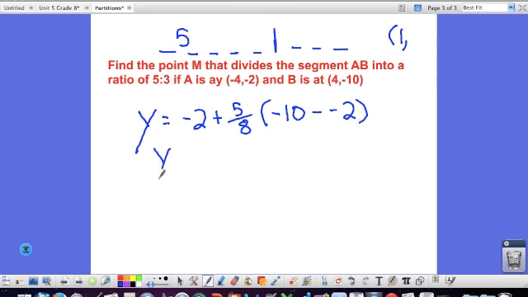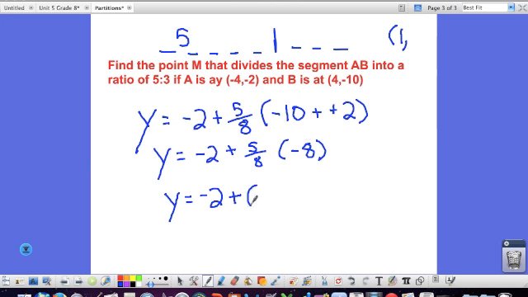So y equals -2 plus 5/8 of -10 minus -2, which is the same as adding 2, -8. So y equals -2 plus 5 times -8 is -40, divided by 8 is -5.